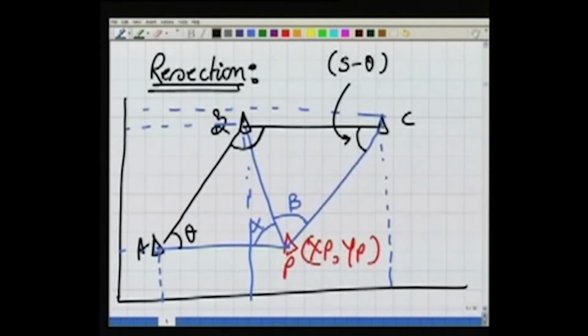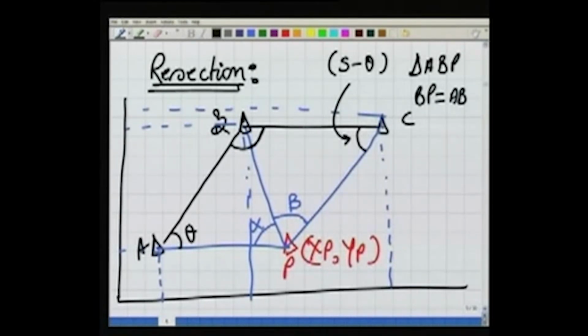Well, having done this, what I can do, I can write now in triangle ABP for length BP. By using the sine rule, because I know the length AB. AB length is known to me because I know the coordinates of A and B, so I can compute this length.